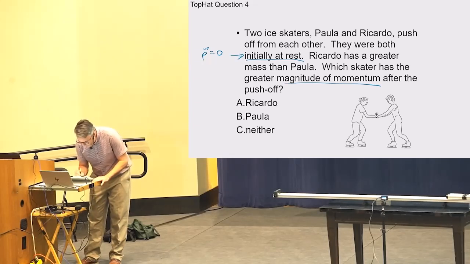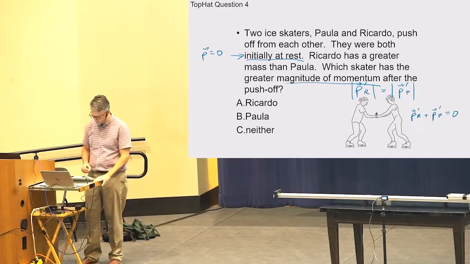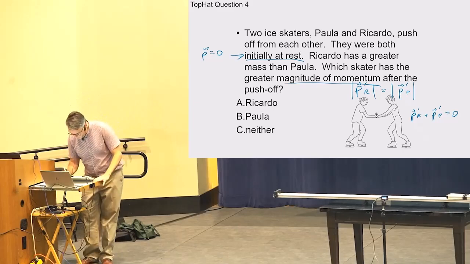And then what happens here is that p prime of, I guess, Ricardo, or the magnitude there, is equal to the p prime of Paula. And so that way, p prime of Ricardo plus p prime of Paula still equals 0. That's the point there.